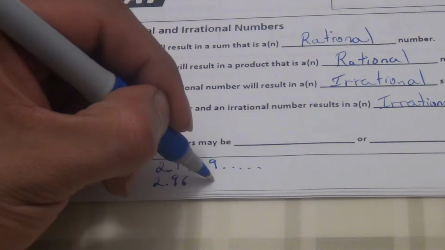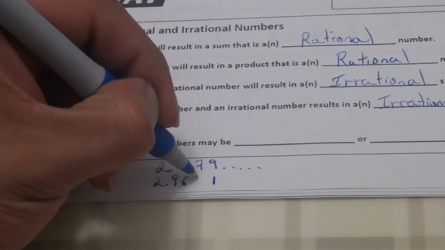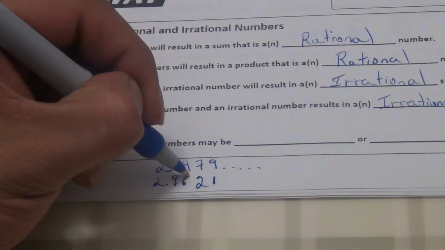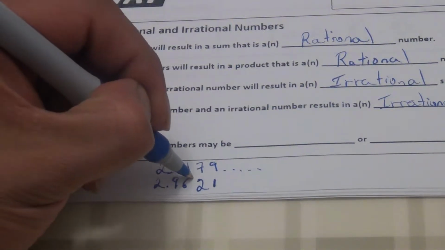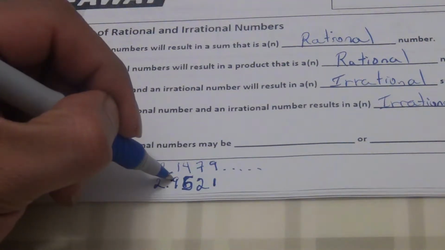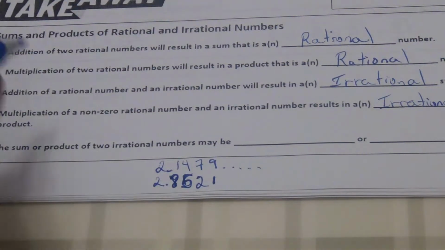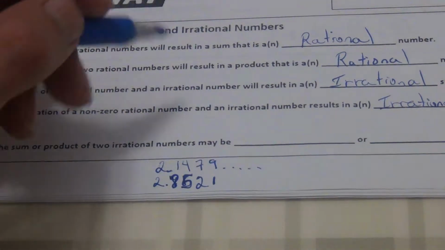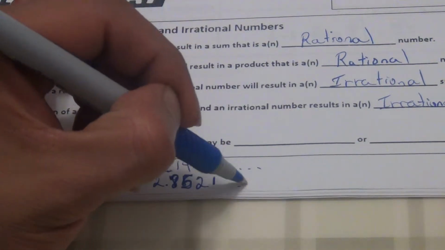Let's see now, sorry, let's start here. 1, 2, 5 and 8. Let's have that. So if I was to add these two numbers, and they go on forever, right? They both go on forever.